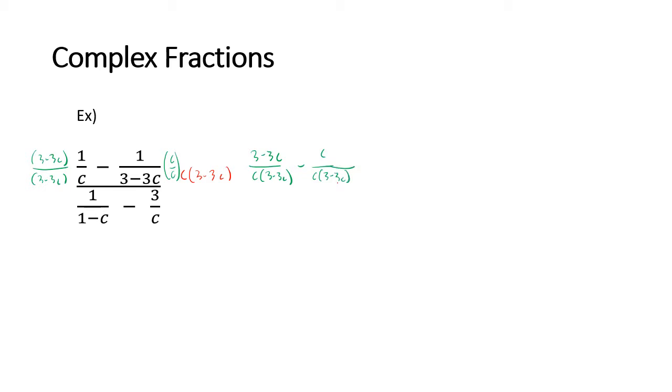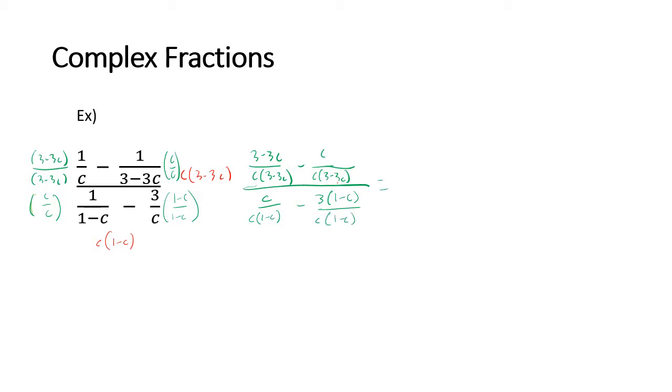Same thing in the denominator. The overall lowest common denominator would be c times 1 minus c. So I would have to multiply the 1 over 1 minus c by c over c, and this one by 1 minus c over 1 minus c. And so then I will have in the denominator c divided by c times 1 minus c, and then minus 3 times 1 minus c divided by c times 1 minus c.